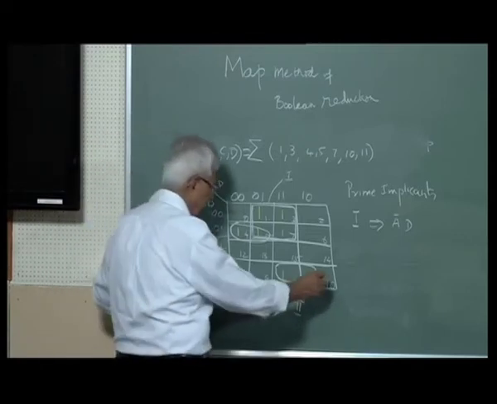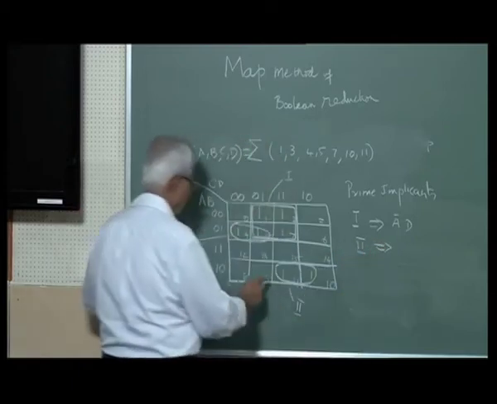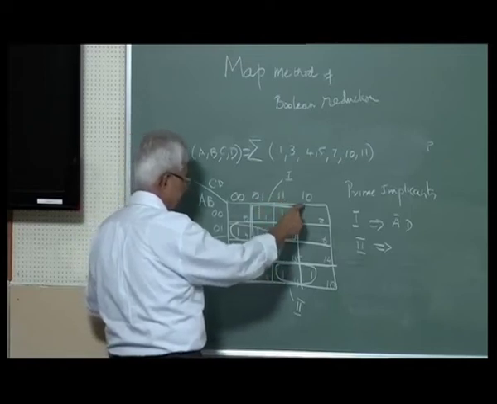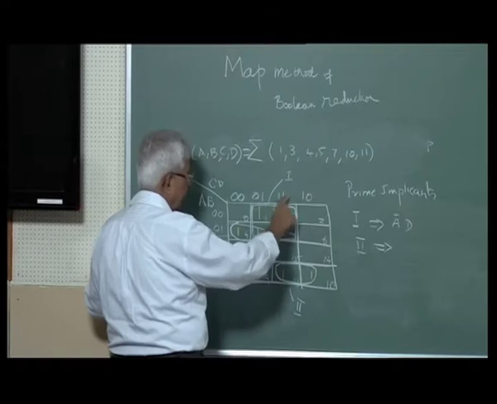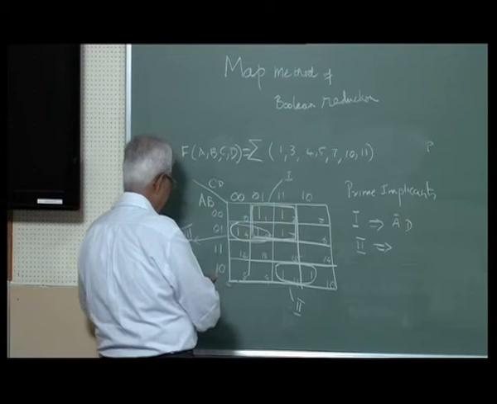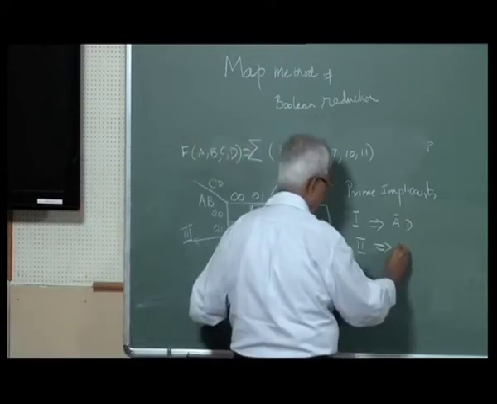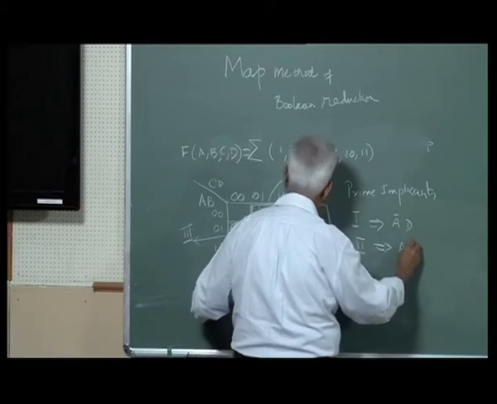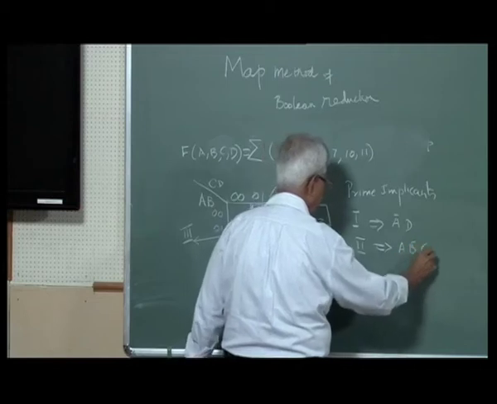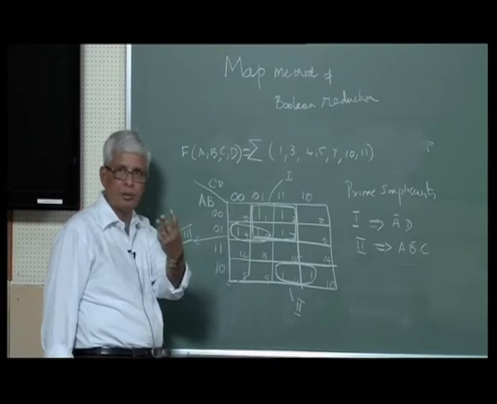This number 2 prime implicant, this is CD, this is CD bar. So, D bar D goes because this is D bar and this is D, and A B bar is common. So, this will be A B bar C. 2 terms, so 3 variables.